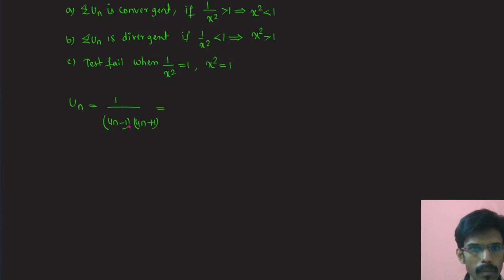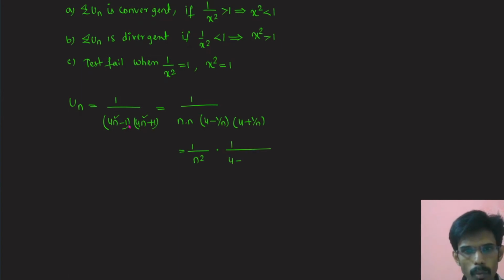Take n common from this and n common, this will become n into n. We have 4 minus 1 by n into 4 plus 1 by n. This will become 1 by n square into 1 by 4 minus 1 by n into 4 plus 1 by n. This is the value of Un.